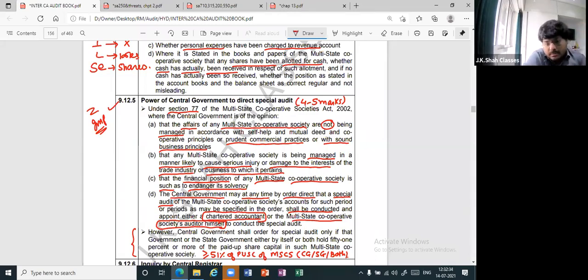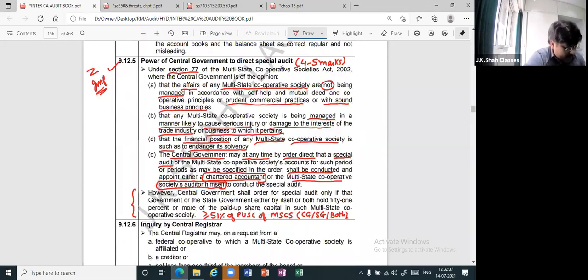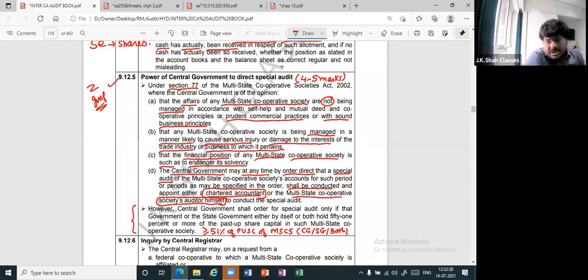All cool? Okay. And see, lastly, you cannot conduct a special audit like that only. You can conduct a special audit only if you are a major shareholder in the cooperative society. Have a look. The central government shall order a special audit only if that government or the state government, either by itself or both, hold 51% or more of the paid up share capital in the MSCS.